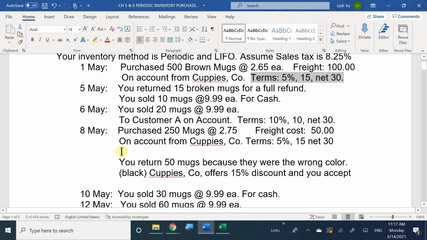Let's take a look at our second bill. We purchased it on May 8th. Did we make our discount period here? No, by 1 day. 15 days from May 8th is what day?